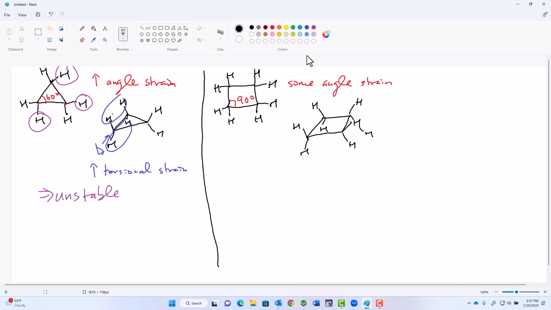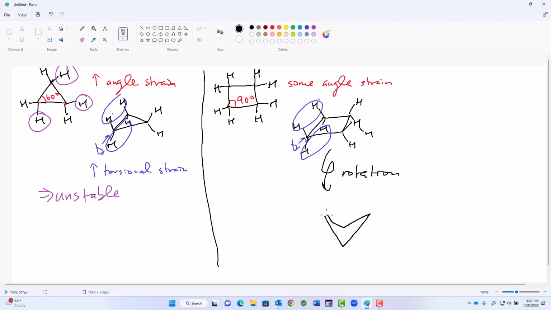Similar to the cyclopropane, we get all eclipsing interactions, so we would have a high degree of torsional strain. So what happens is the cyclobutane ring puckers a little bit.